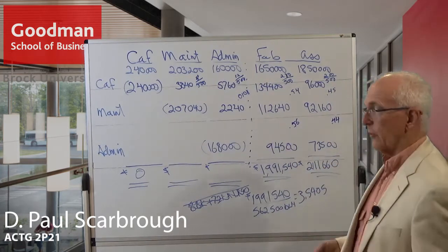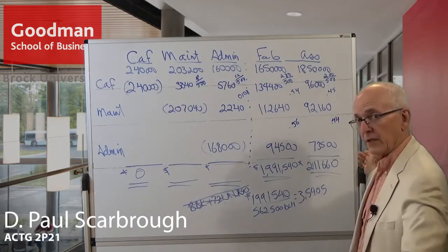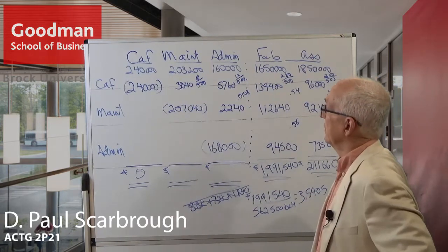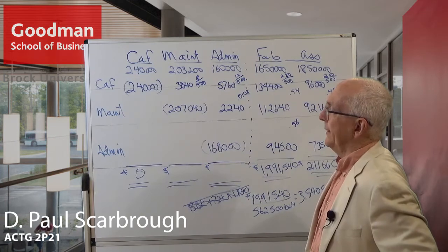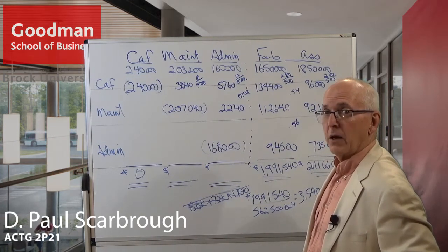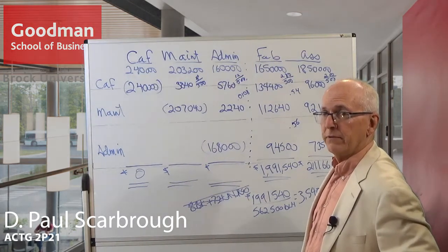So within a decimal rounding, this is basically the same number as the direct method. That's an artifact of this problem. In real life, it would be pretty far apart.